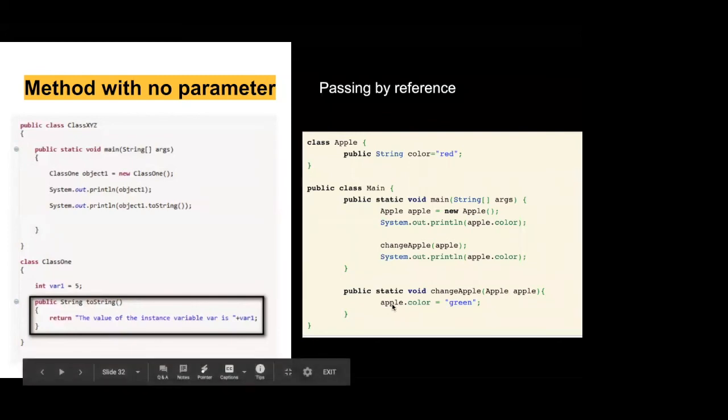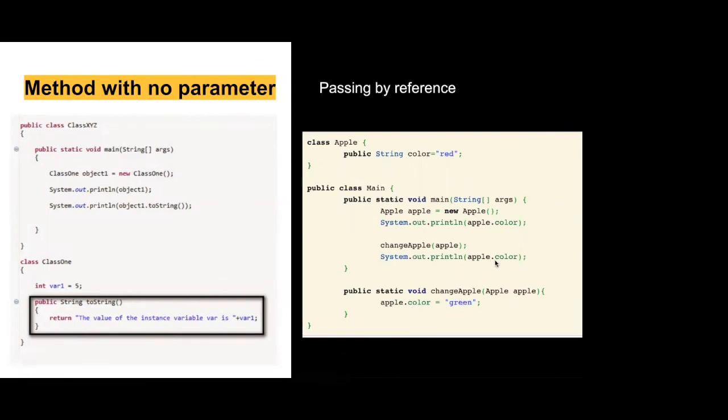Then it will change the color of this Apple object to green. So it will print out the color again. The first result will print out red, which is the original color, and after calling the changeApple method, it will print out green.